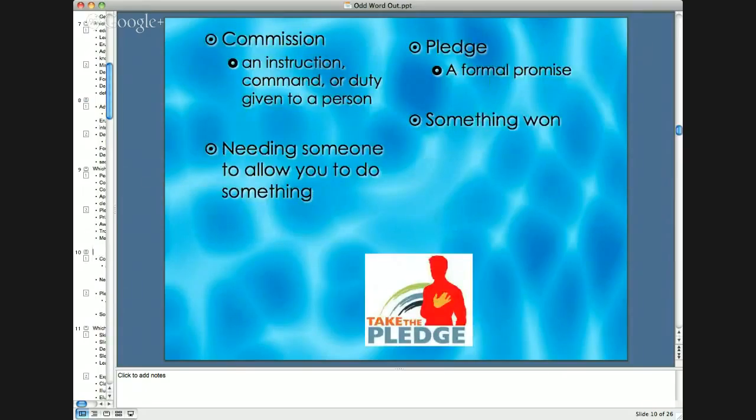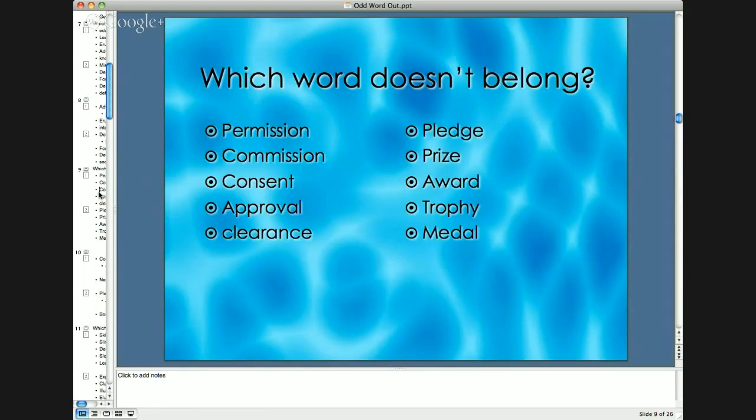This is an instruction or command or duty given to a person. The rest have to do with needing someone to allow you to do something. So we need consent or approval or clearance from our supervisor or permission from our mom and dad to do something.